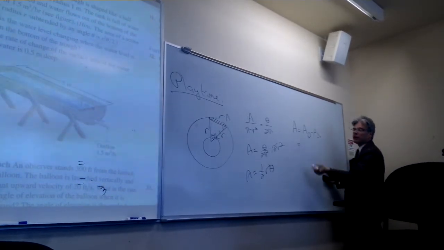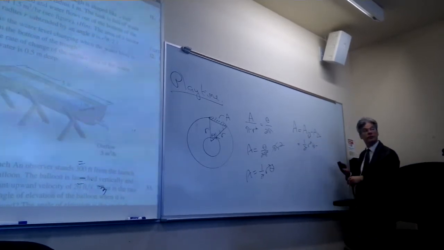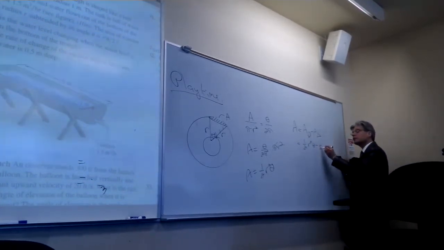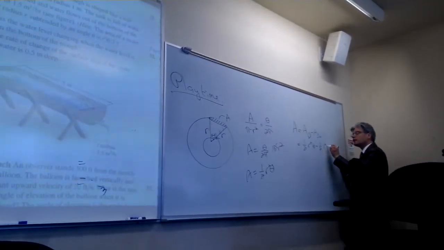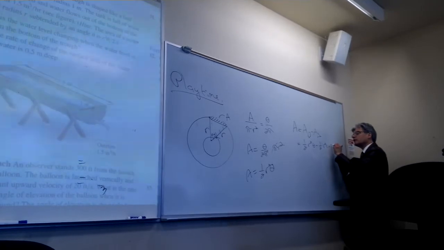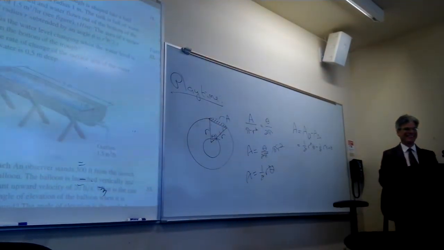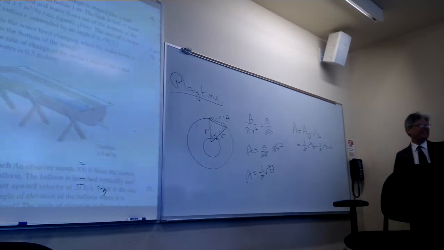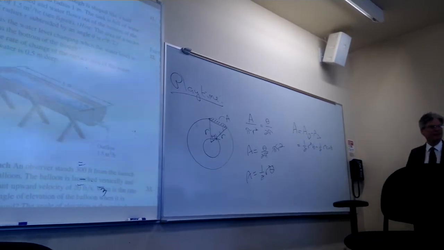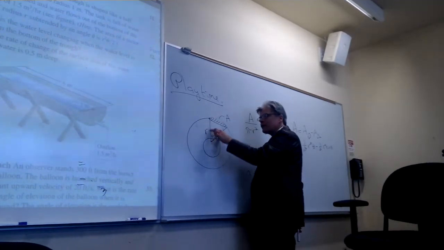That would be the area of the circular sector, 1/2 r squared theta, minus the area of the triangle, which can be interpreted as 1/2 times the product of two sides times the sine of the included angle. I just took the area of the whole circular sector and took away the area of the triangle.